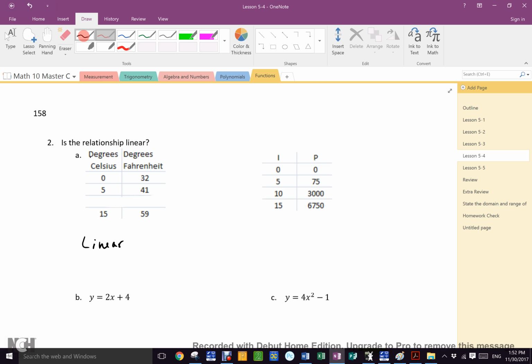Is everybody with me? Okay. So that time I went up by 5, that time I went up by 9, right? That time I went up by 10, and that time I went up by 18, right? Almost all of you on your test are going to tell me that's not a linear relation. 5, 10, 9, 18. No!